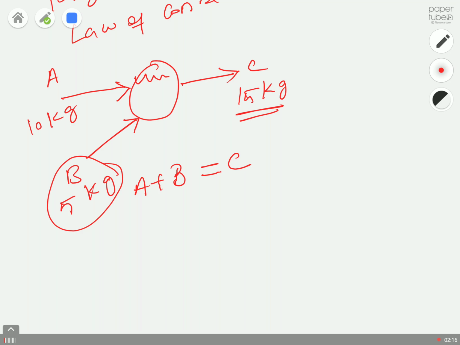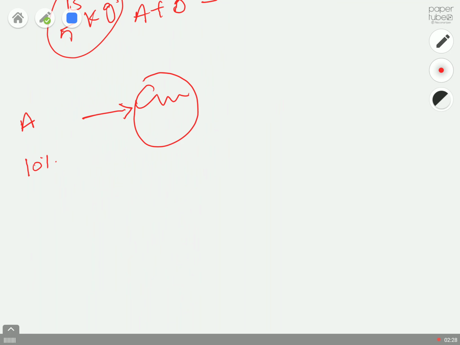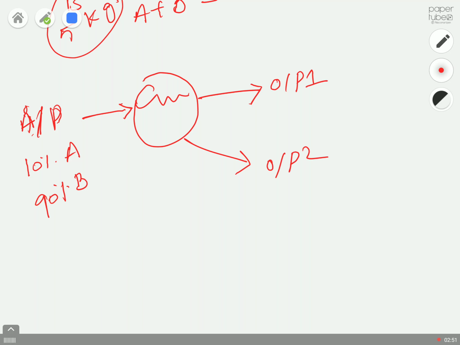So A plus B is equal to C. These are some basic rules, and a few more things. Consider you have some system where something is happening. Say you put in an input stream that contains 10 percent of A and the remaining 90 percent of B. Say you have two output streams from the system, output 1 and output 2.